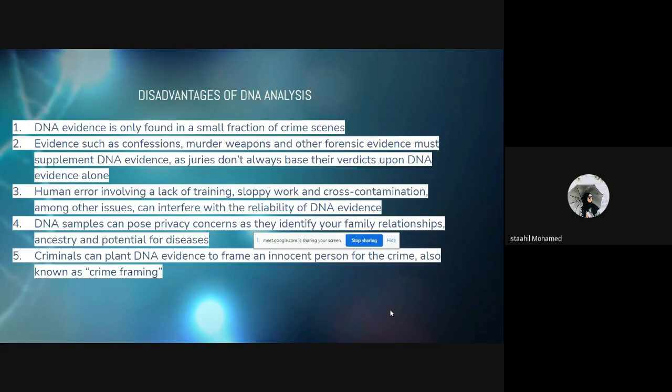Human errors involving a lack of training, sloppy work, and cross contamination, among other issues, can interfere with the reliability of DNA evidence. Also, DNA samples can pose privacy concerns as they identify family relationships, ancestry, and also potential for diseases. The last disadvantage is that criminals can plant DNA evidence to frame an innocent person for the crime, also known as crime framing.